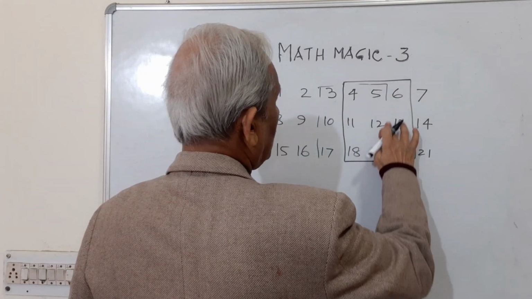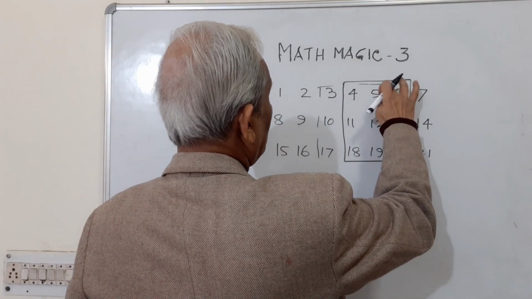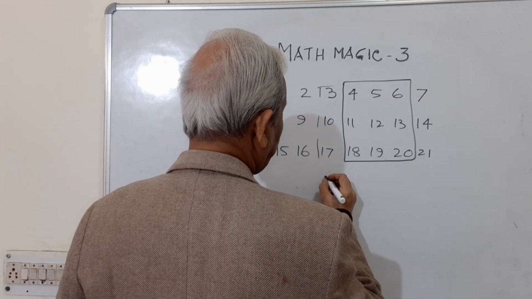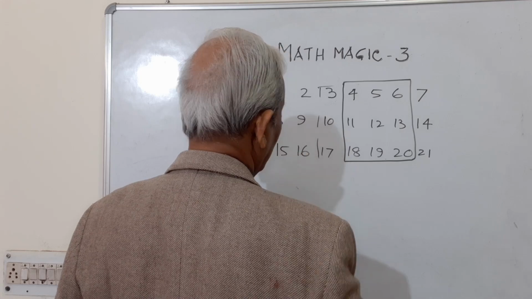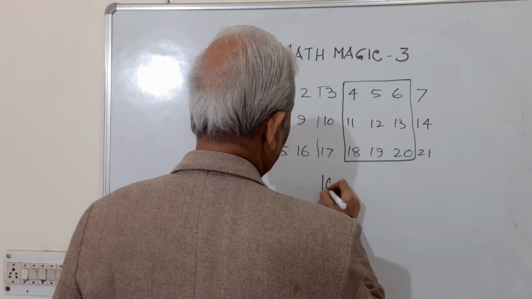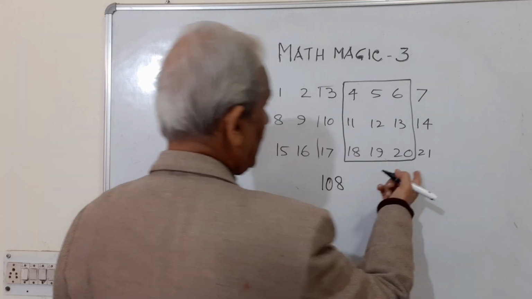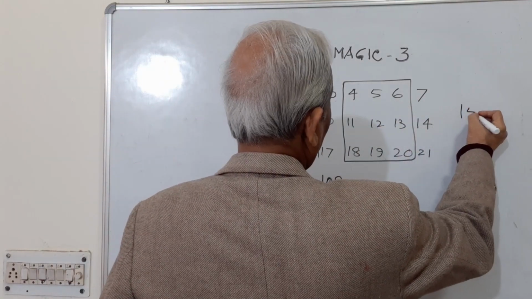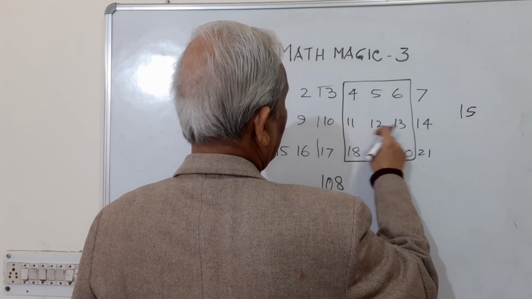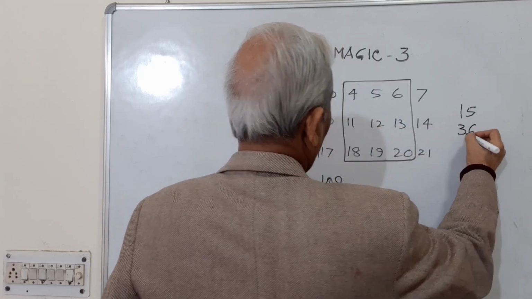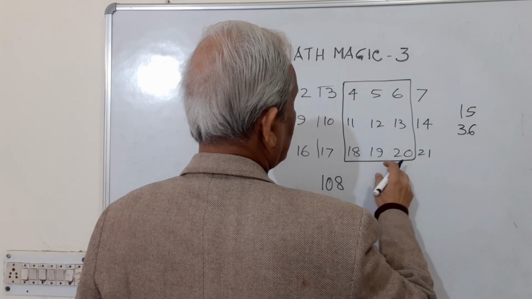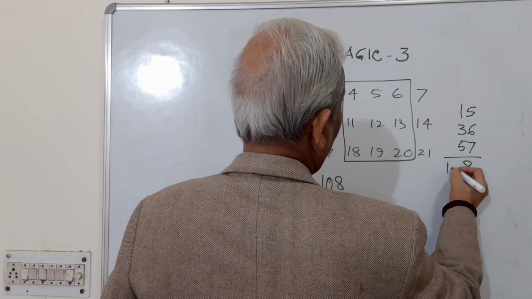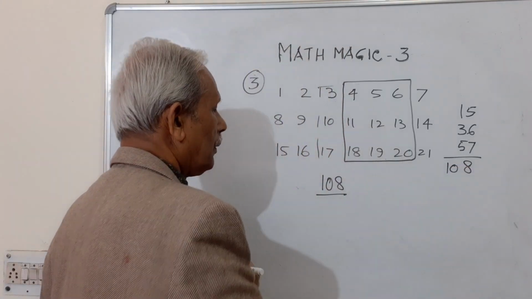I'll tell the total of all these numbers, and it will be 108. You can check it: 5 plus 4, 9 plus 6, 15, and so on, and this is 108. Right?